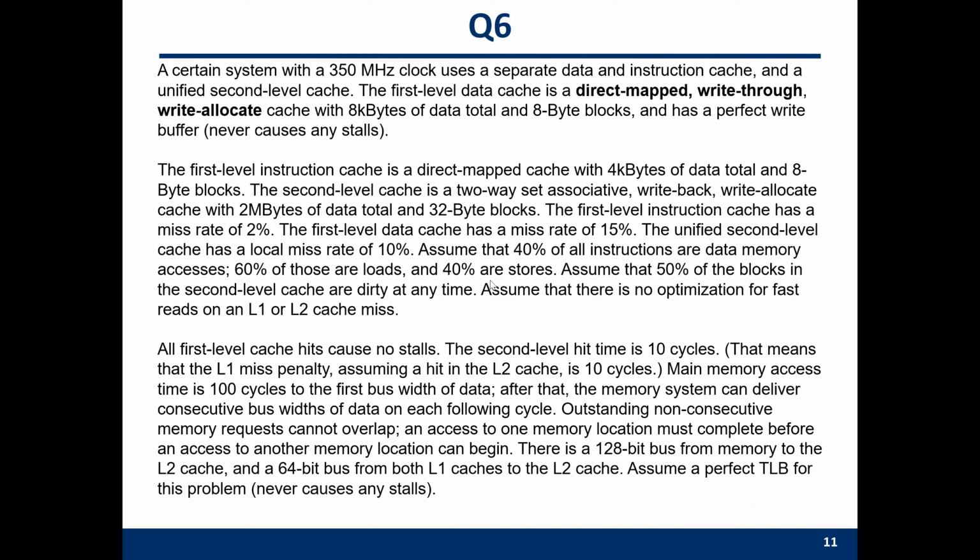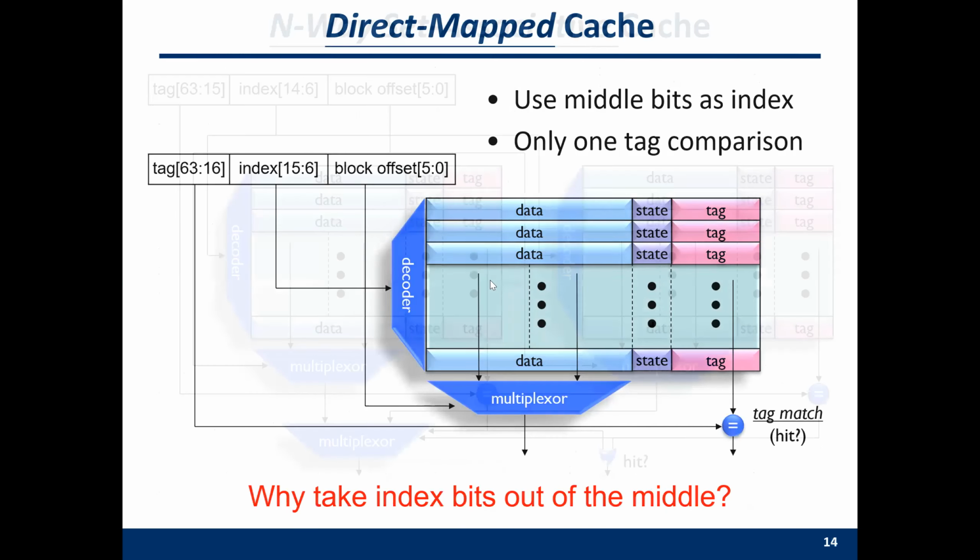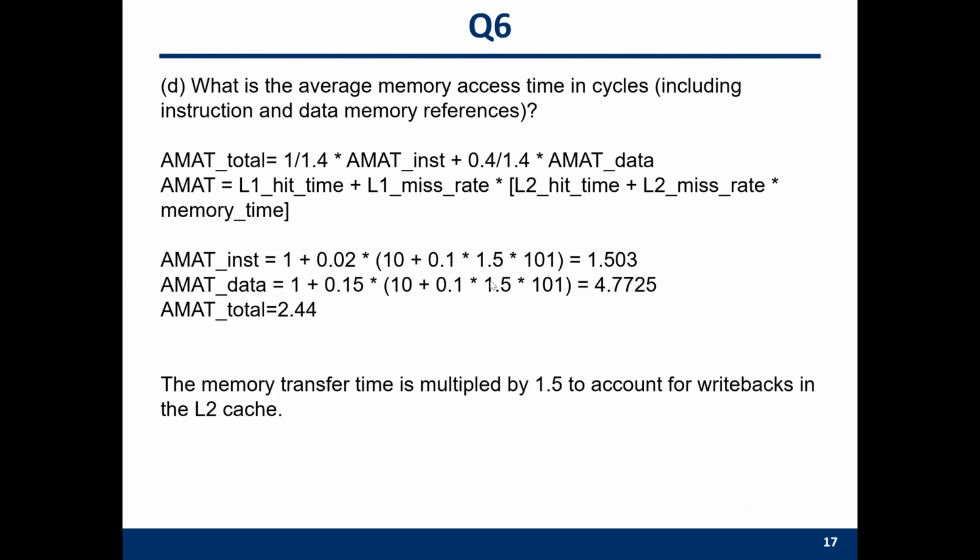I'm sorry, it's 50%. So 50% of blocks, you can see that. Assume 50%. So for the dirty data, you need to write back. So 1.5 can be calculated like this: for 100%, you need to read, right? Read from the DRAM. And for 50%, which are dirty data, you need to generate a write.